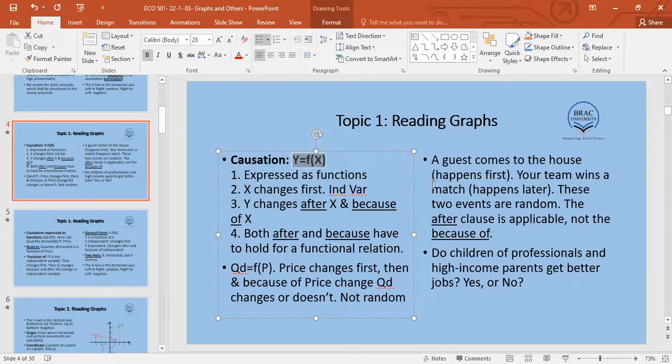Okay, now some of you totally remember, some of you may have forgotten. Y is a function of x. What does that mean? The y variable depends on the x variable. When we write a relationship like this, the causations like this, y is a function of x. That means the y variable is dependent on x. This is how we read it verbally. আমরা যদি বলি y is dependent on x, তার মানে x must be the independent variable, তাই না?